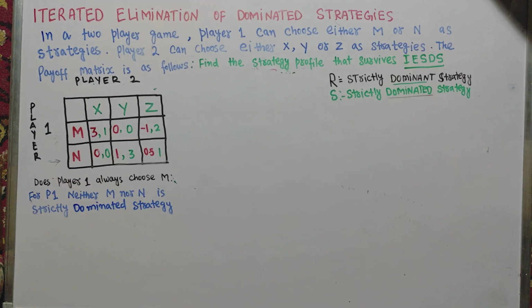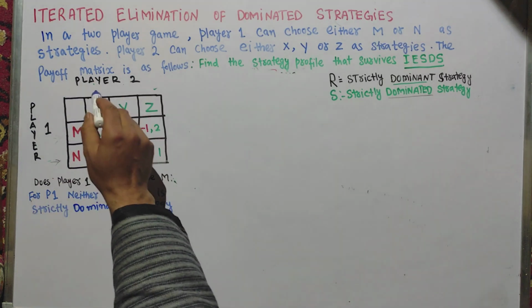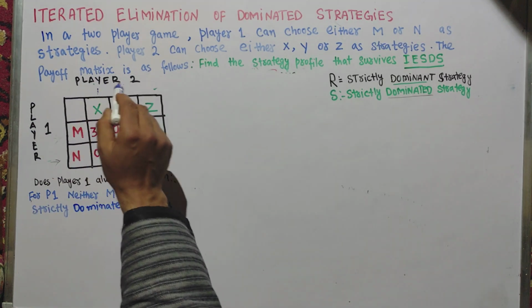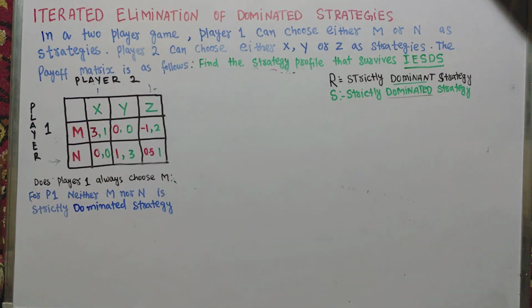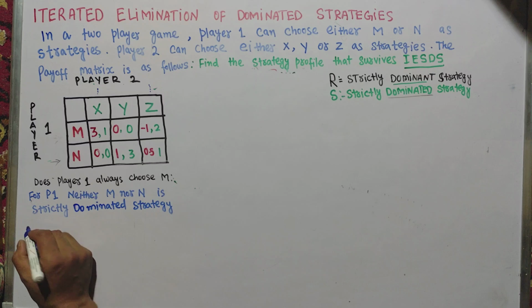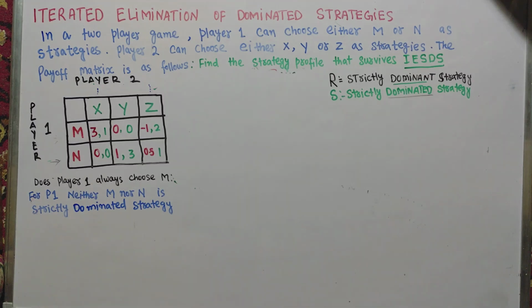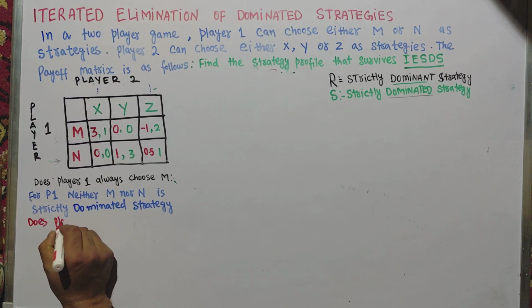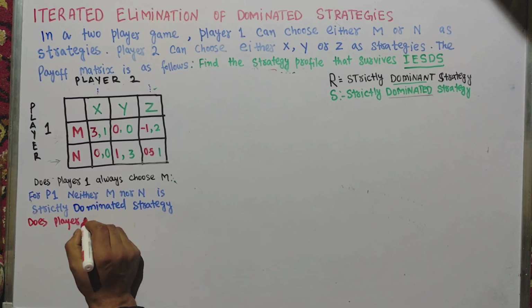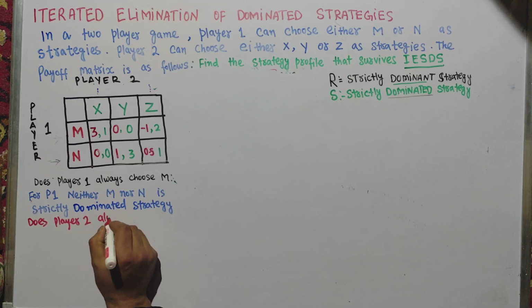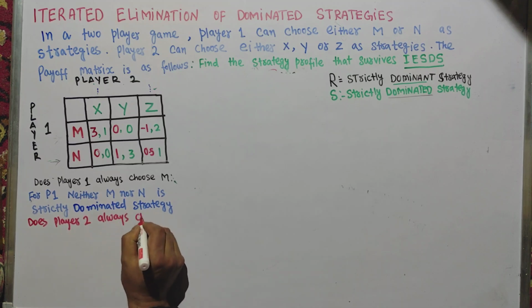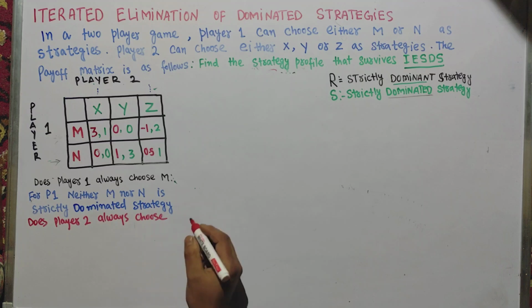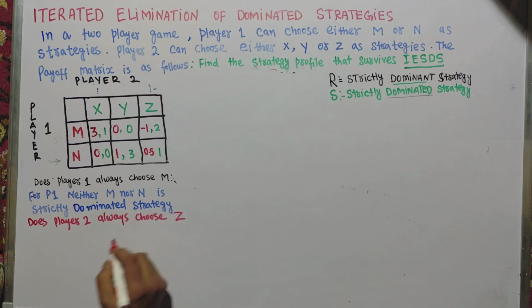Okay, let's compare here two strategies. I am comparing strategy X and strategy Z. And here I ask a question, does player 2 always choose Z?